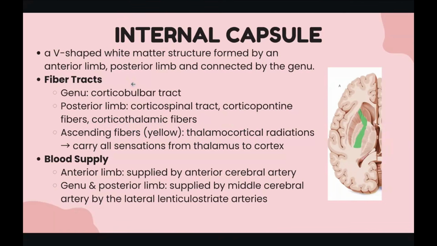The blood supply to this internal capsule: the anterior limb is supplied by the anterior cerebral artery, which we'll be discussing in a bit. But the one we are concerned with right now is the posterior limb and the genu, which are supplied by the middle cerebral artery, by the lateral lenticular striate arteries that I just mentioned were branches of the middle cerebral artery.